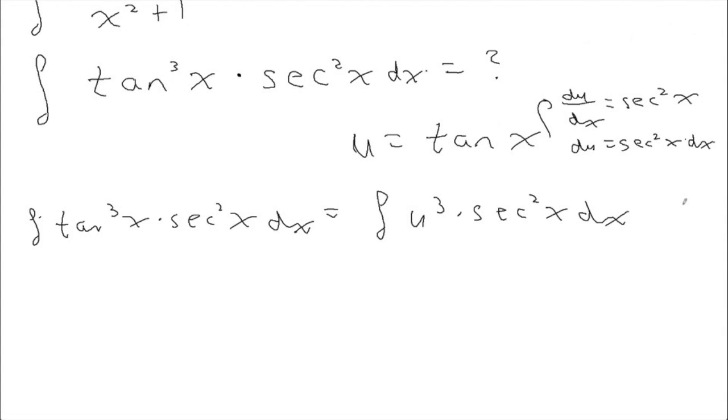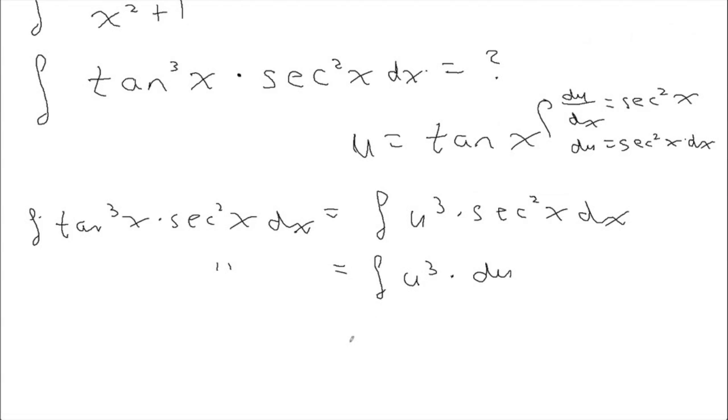And now in the integral we can sub in the integral of u cubed times du, because we solved for this whole term and we got rid of it. Okay, this is why this was a good substitution. This was a good substitution because its derivative really was in the integral.